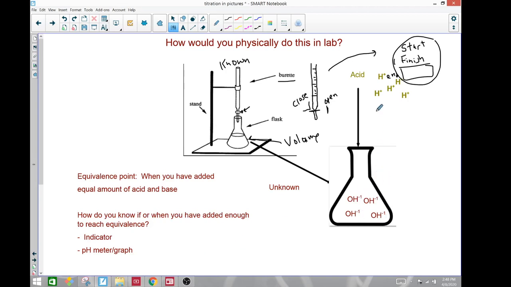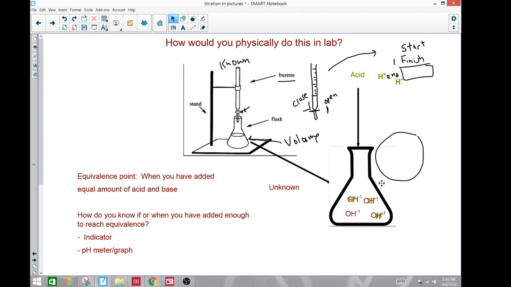I start dropping in acid. My H plus ions, drop one in, and it neutralizes. Drop another one in, and it neutralizes. Drop another one in, and it neutralizes. Drop another one in, and all of a sudden, it's done neutralizing.